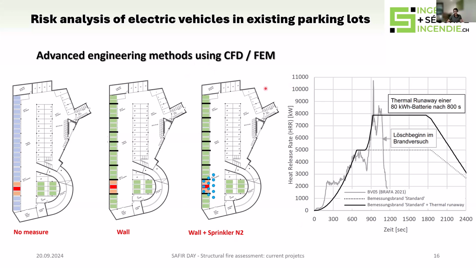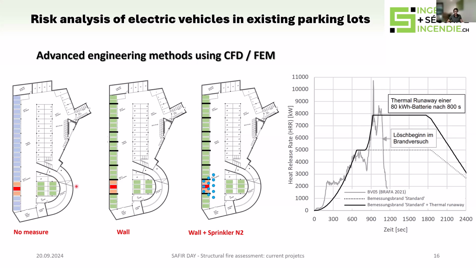And the last scenario is the same as the second one, but with a sprinkler installation with the N2 class. In Switzerland, this is the sprinkler installation that we recommend for a standard car park.